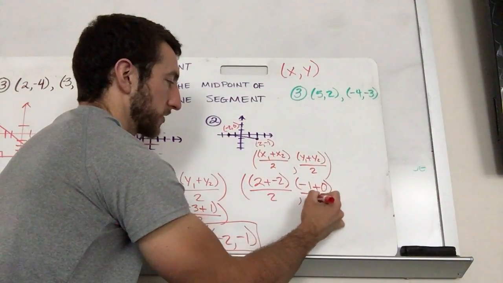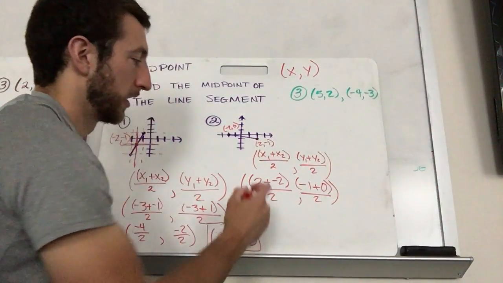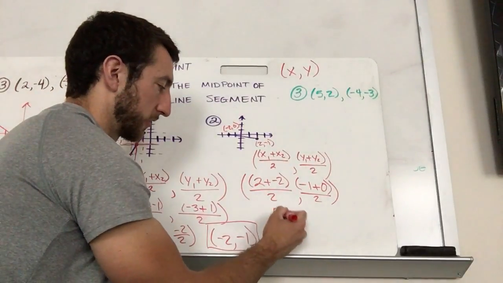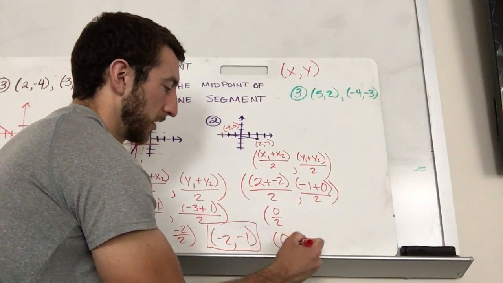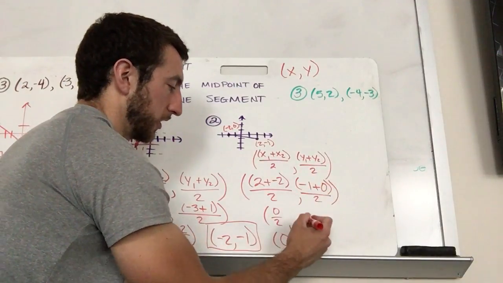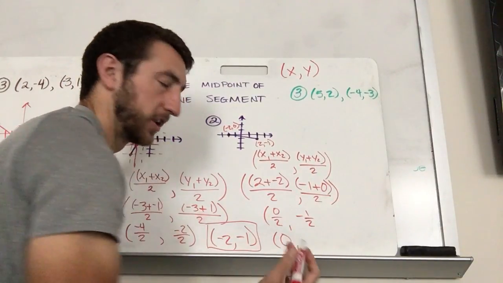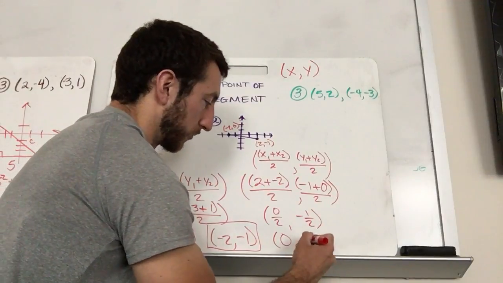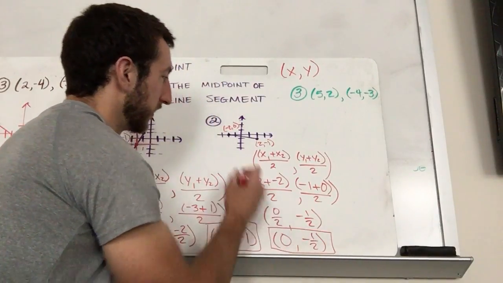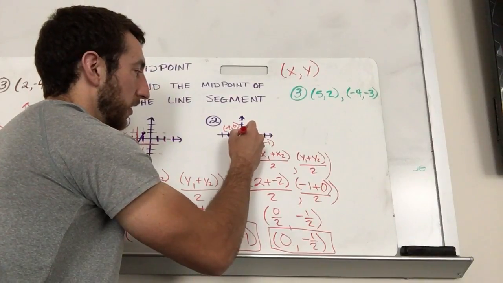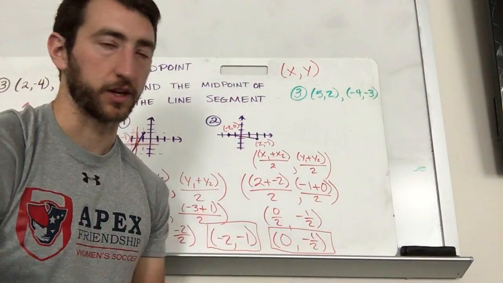I want to do that first, and then divide by 2. So 2 plus -2 is 0. 0 divided by 2, it's going to be 0. And then -1 divided by 2, that's -1/2. And you can't really simplify that anymore, so it's -1/2. So our midpoint is 0, -1/2, which if you looked at our graph, looks like it falls in about the right spot.